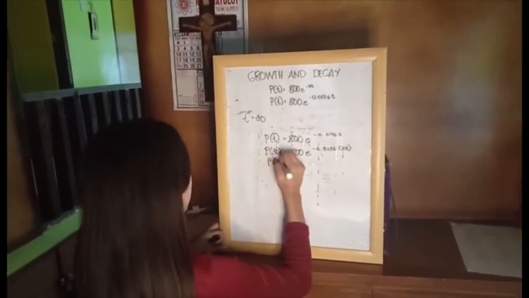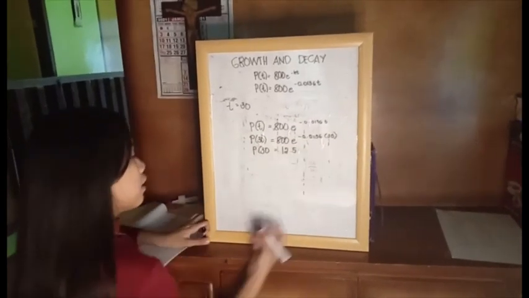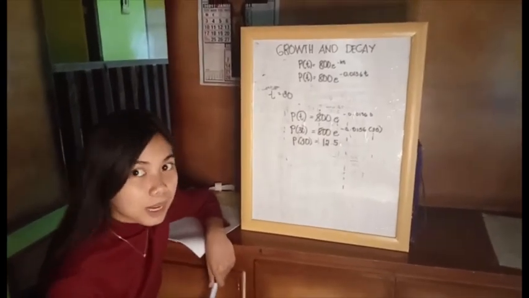P(30) is equal to 12.5. So the remaining mass after 30 days will be 12.5 milligrams.